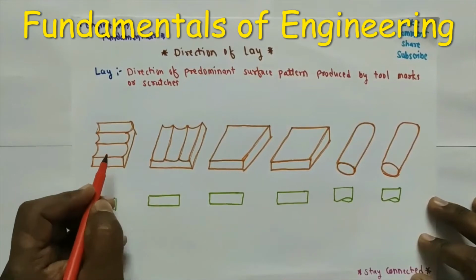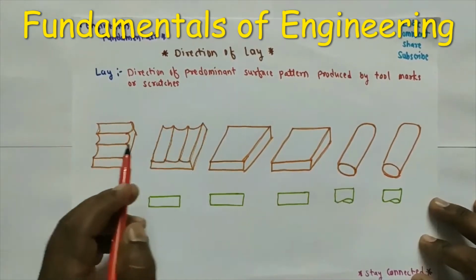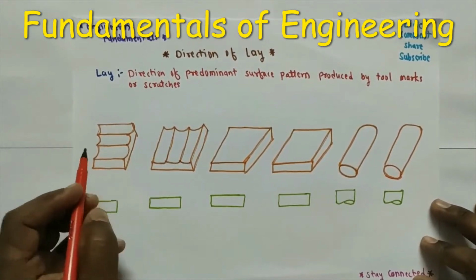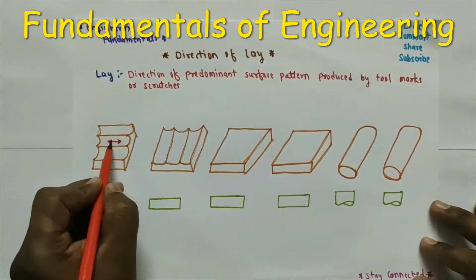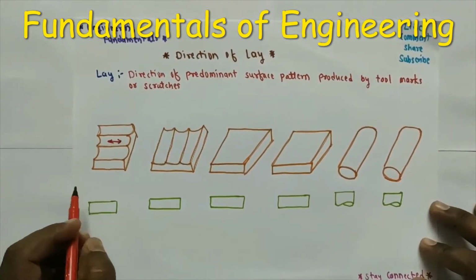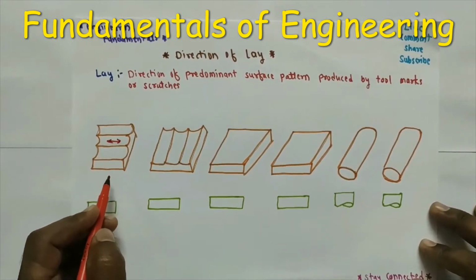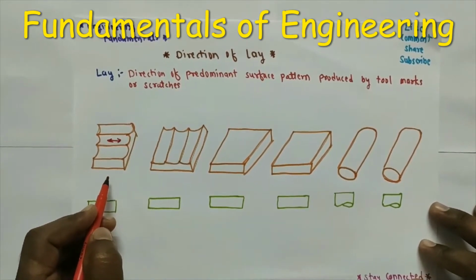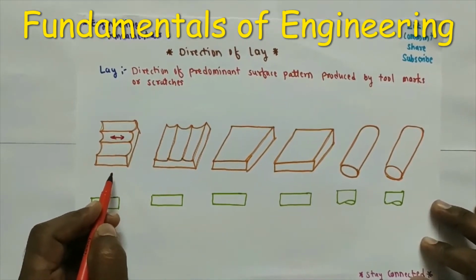So the lay is the direction of predominant surface pattern whenever it is produced. Now you can see we are getting a parallel lay. This parallel is a lay parallel to the boundary line of the nominal surface.